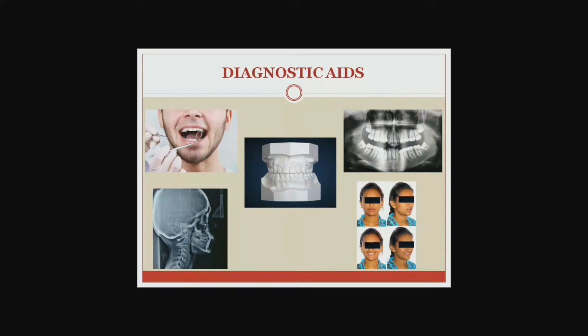I can't brush properly because of irregular teeth, I can't keep my oral hygiene properly because of these teeth. So these are the chief values of the patient's concern once he comes with malocclusion.